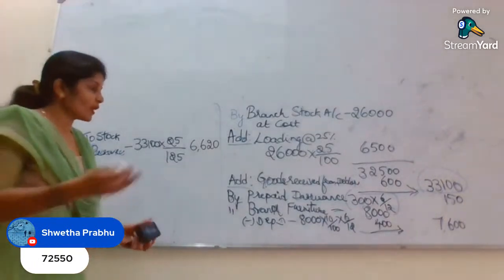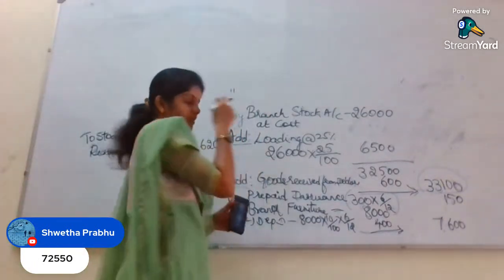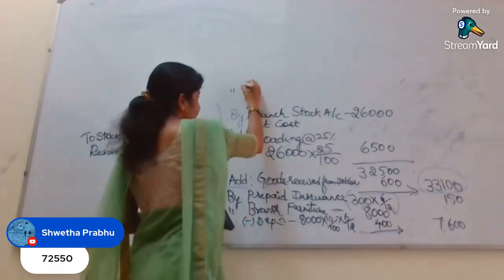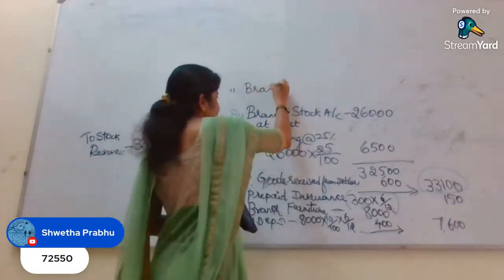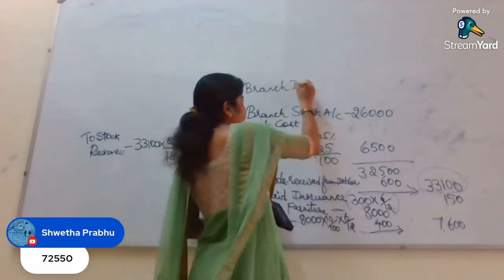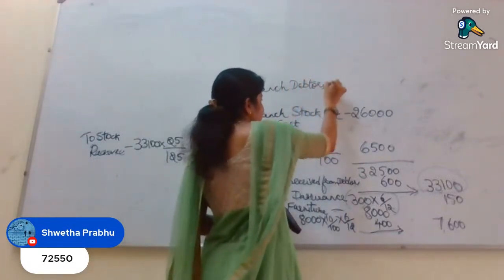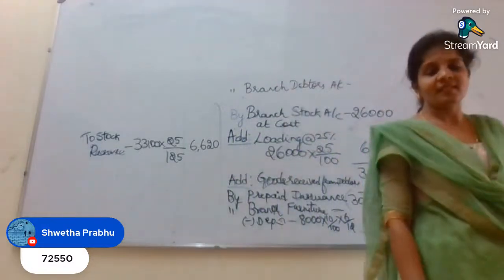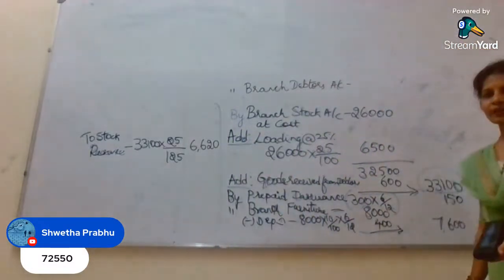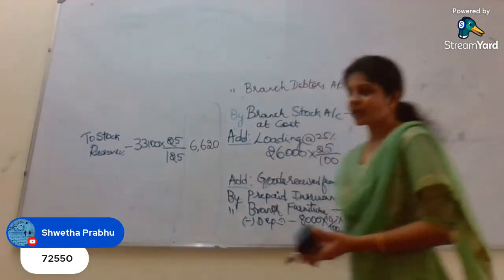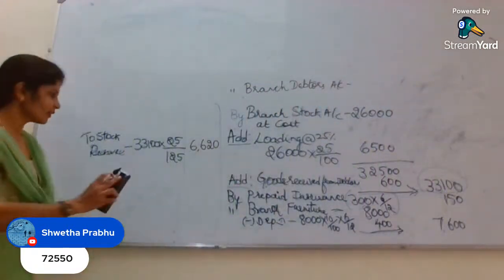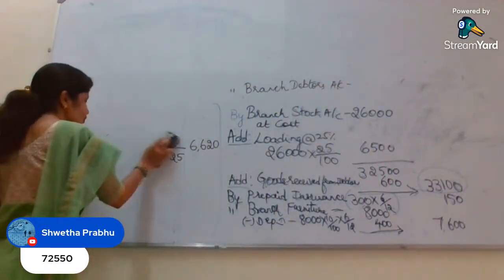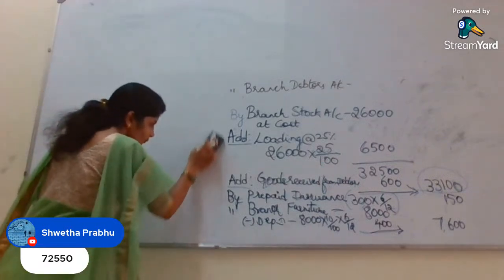And one more item, yes, look here. We also have to record one more item, that is the closing balance of branch debtors. Closing branch debtors is not given, but there are credit sales. When there are credit sales, we have to record the closing debtors, correct? So how do we record the closing debtors? For this, we have to open a debtors account.